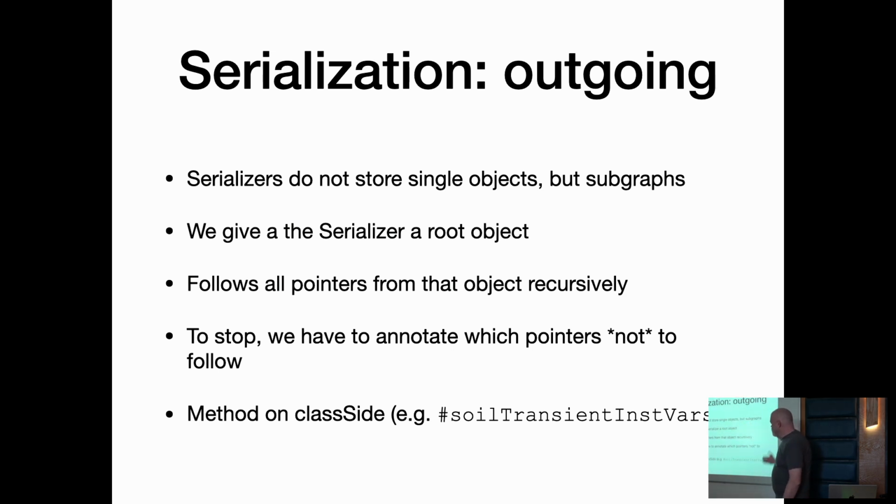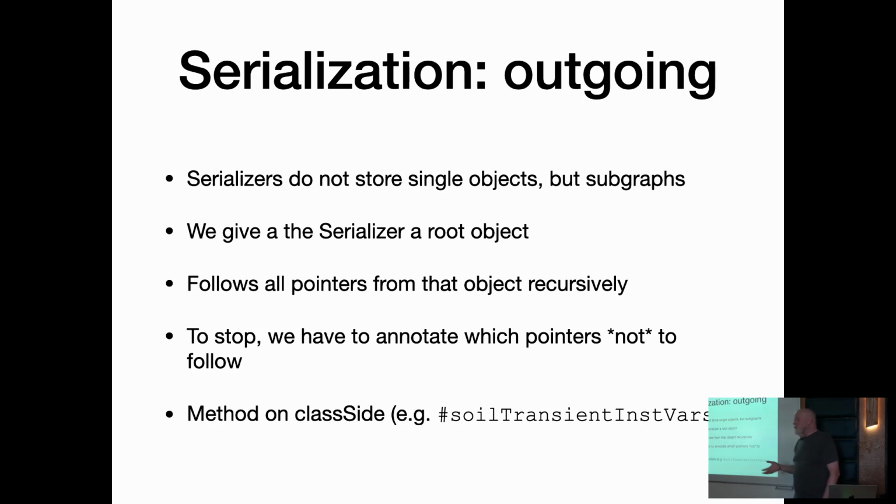So if you look at it, in Soil we have, for example, right now a class-side method which is called soilTransientInstanceVariables, which returns the names of all the variables in the hierarchy, from your point on upwards, that you do not want to serialize. And in the end, this is of course a crude way of giving meaning to an edge in the object graph.